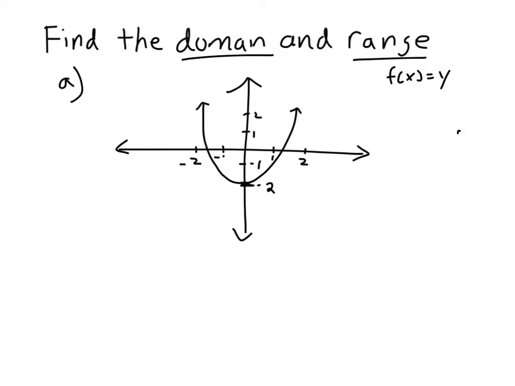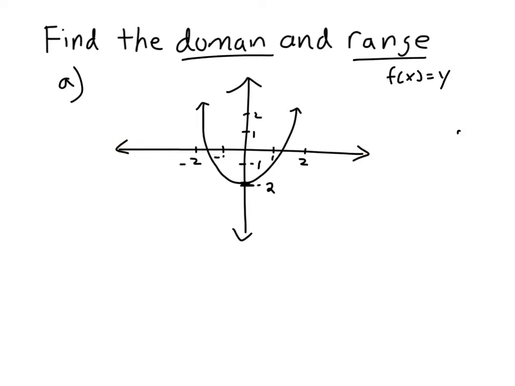Okay, so let's go ahead and first we'll find the domain. We're looking at this example here. So domain, the values that x is allowed to take on. When we're thinking about domain, we need to be thinking in the x-axis terms.